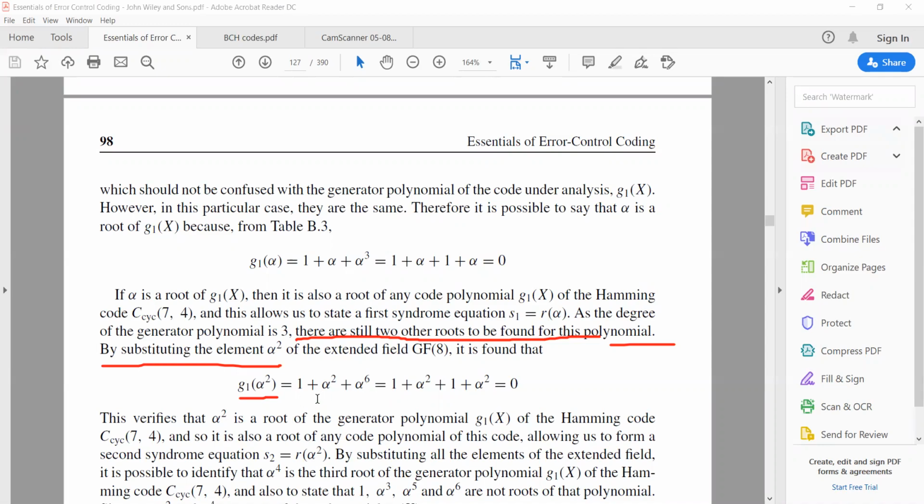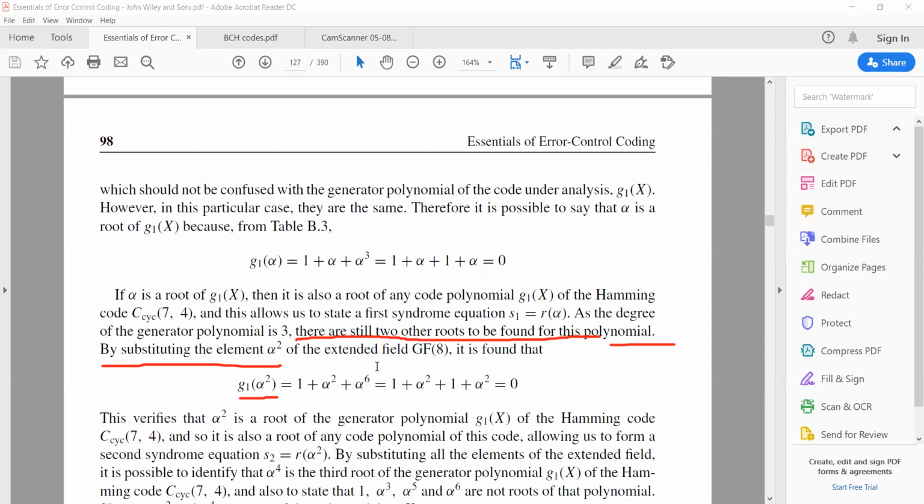With x replaced by alpha square, we get 1 plus alpha to the power 6, because alpha square whole cube is alpha 6, and we know that alpha 6 equals 1 plus alpha square.